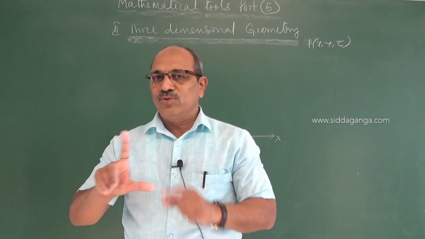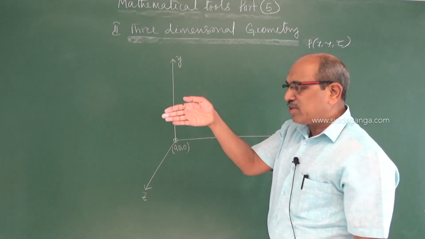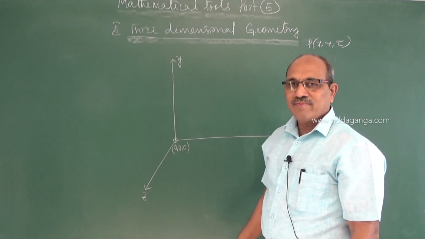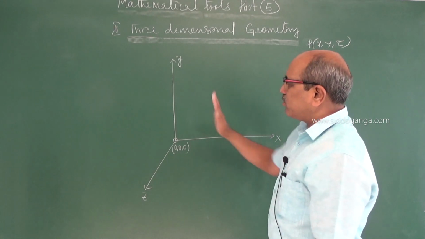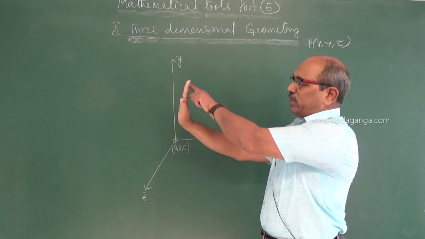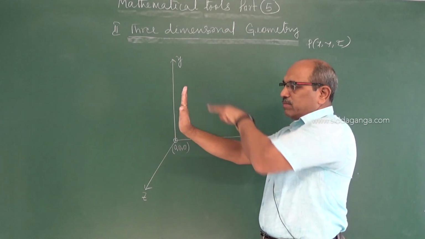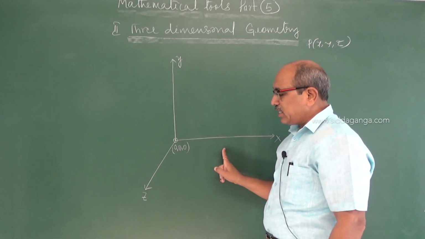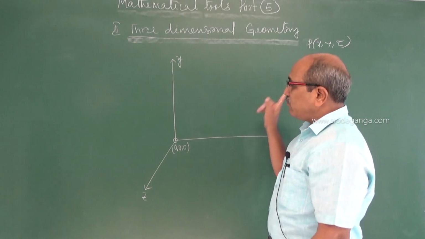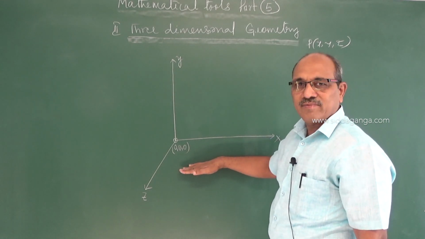Now it is not so. If you want the z component, you have to move perpendicular to the xy plane. If you want the x component, we have to move perpendicular to the yz plane.